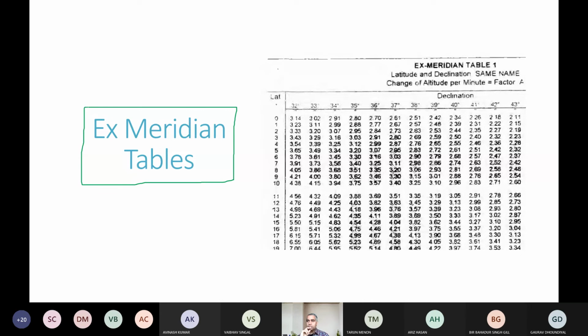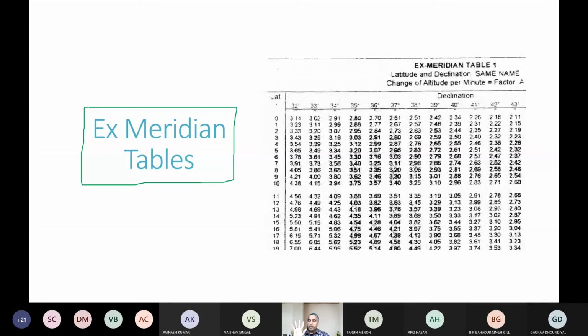Total 4 tables. In the olden days, when we did not have calculators available to us, we were using all these 4 to solve an X meridian sight. Now we have scientific calculators available to us. So for normal calculation, we use those calculators.